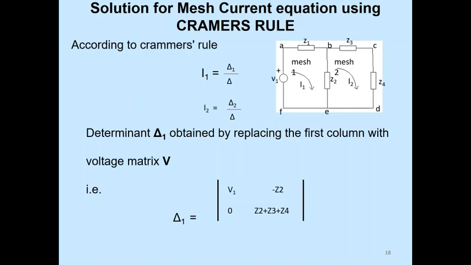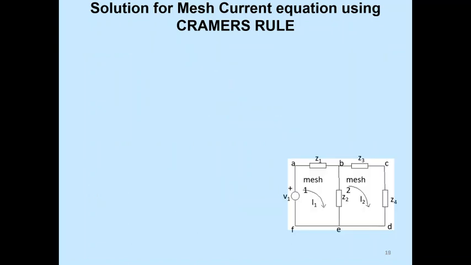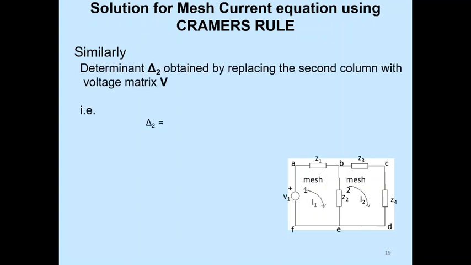And similarly, delta 2 is obtained by replacing the second column with the voltage matrix V. Delta 2 is equal to Z1 plus Z2, V1, minus Z2, 0.